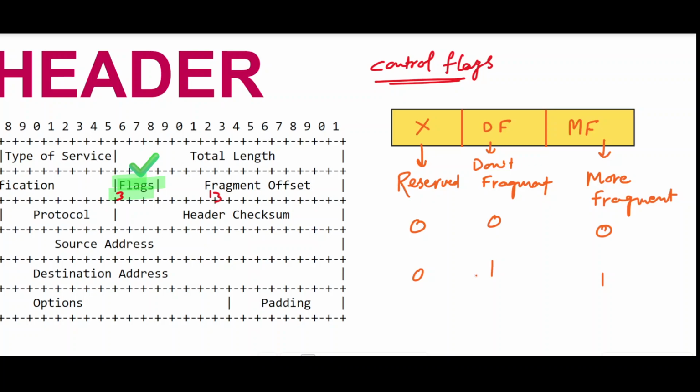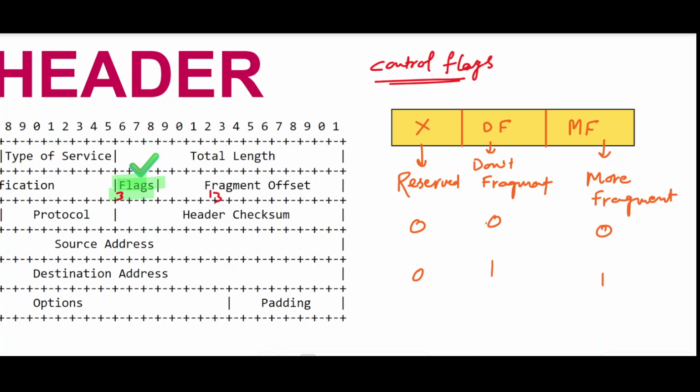Now, what do you feel if DF is 0? Don't fragment is the opposite, so we can say may fragment. If DF is 0, then don't fragment is not applicable, which means fragmentation is happening.